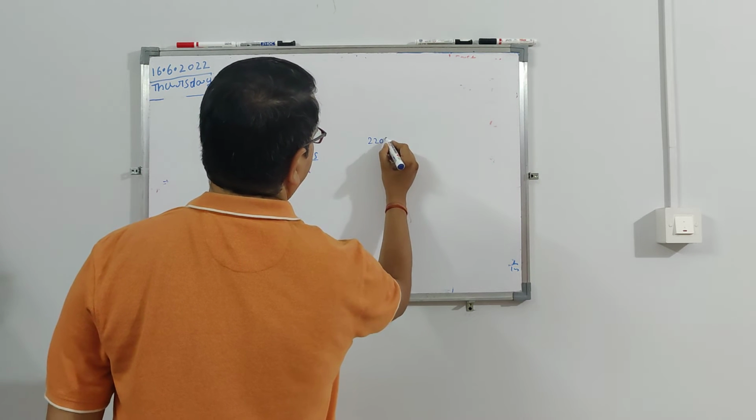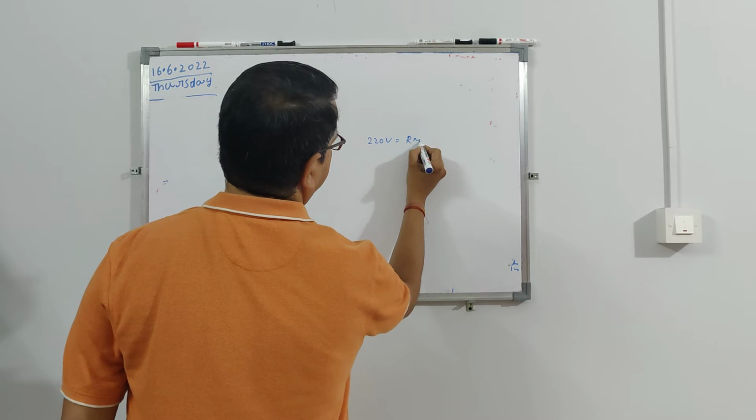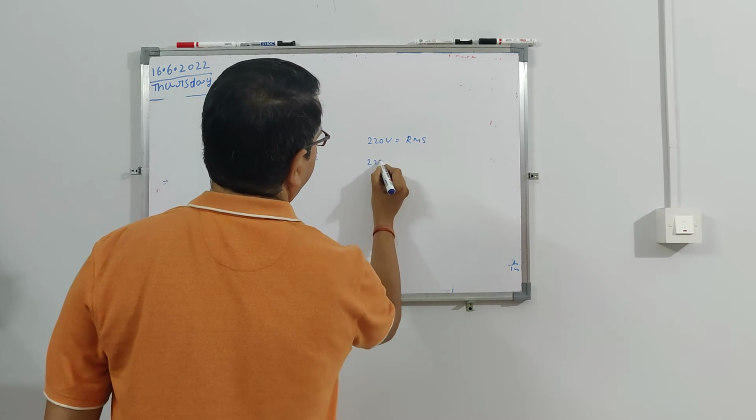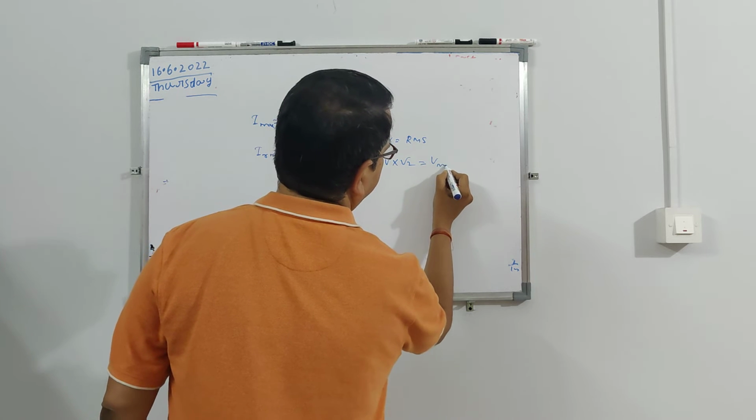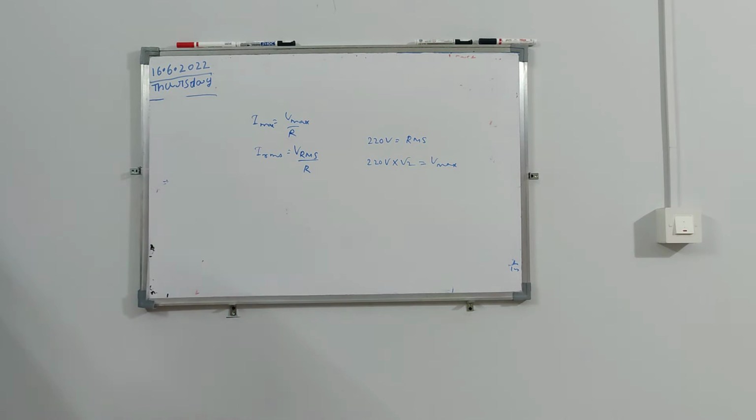Your household voltage of 220 volt is your RMS value. Then what is the max value? 220 volt into root 2, that is your V max. So if you know V max, you can find out the current in a resistive circuit. They are in phase.